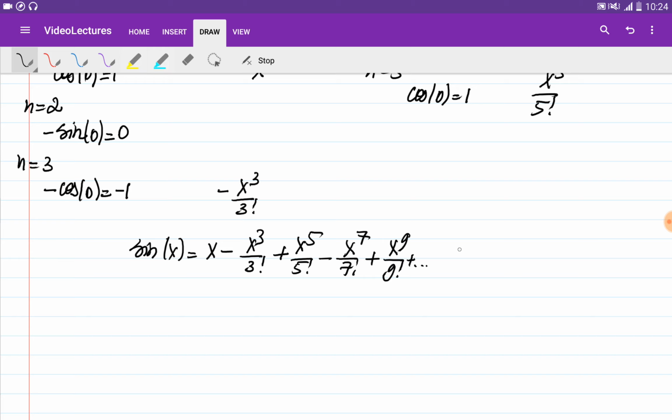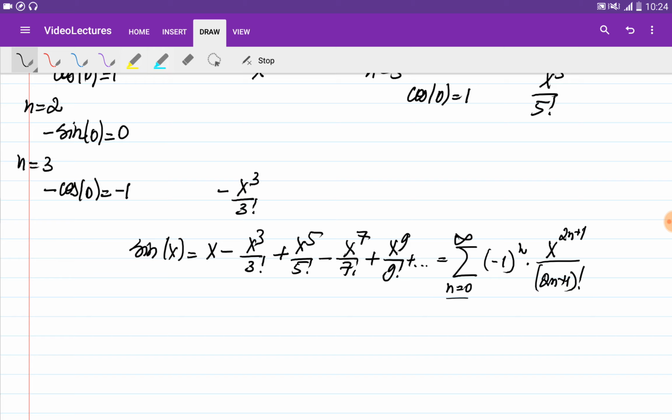So in sigma notation, we can write this down as the summation of minus 1 to the power of n, where n goes from 0 to infinity, right? So if I substitute n equal to 0, the first term is plus, the second term is minus, the third term is plus, and so on, right? Multiplied by x to the power of 2n plus 1 divided by 2n plus 1 factorial.